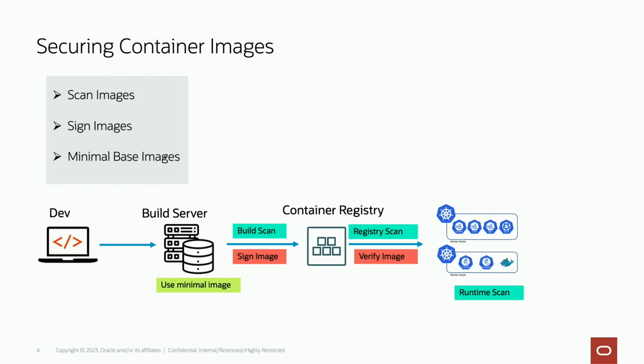Now, a second aspect of securing container images is really about signing them. The purpose of that is to make sure that the container image you get is from the source you're expecting. The way that container image signing typically works, you have a public and private key. You sign the image with a private key during the development phase for that particular image.